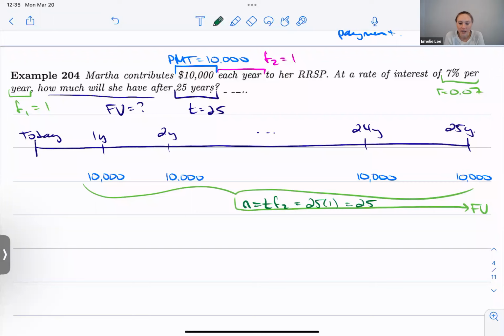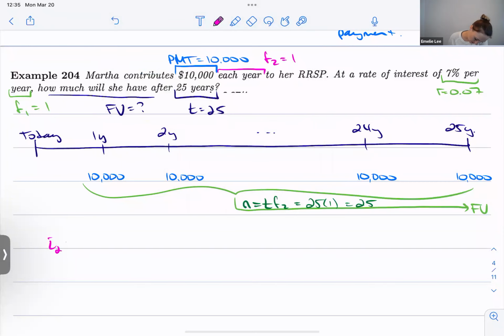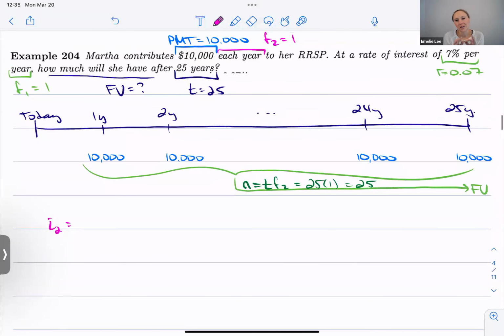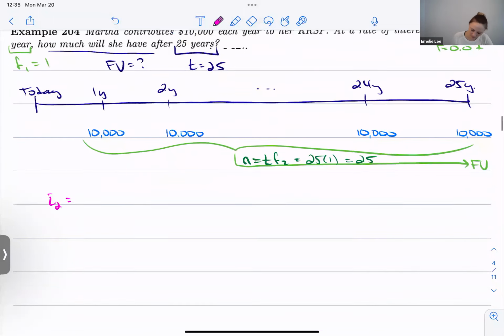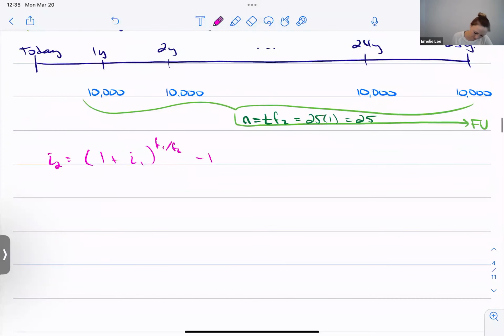We're going to solve for I2, which we don't technically need to, but it's safer this way. You'll see why. I2 is 1 plus I1 to the power of F1 over F2, minus 1.